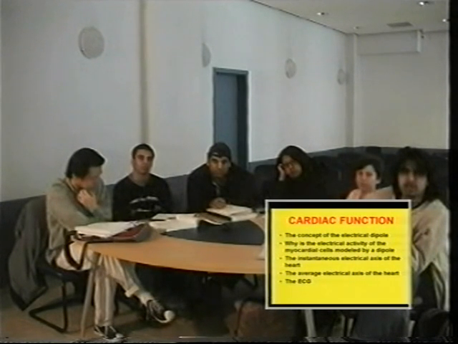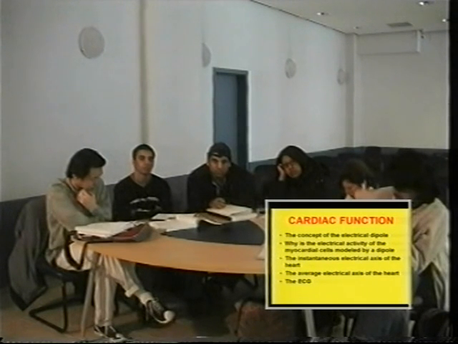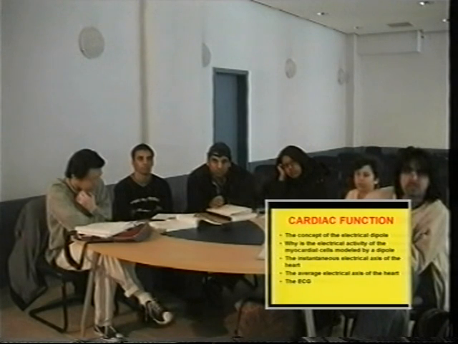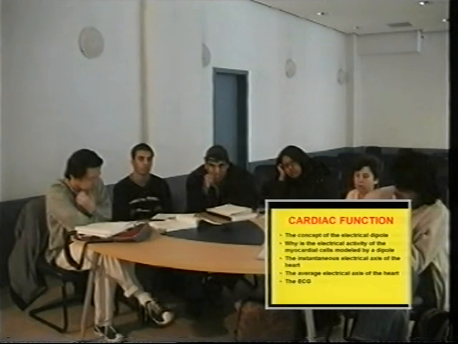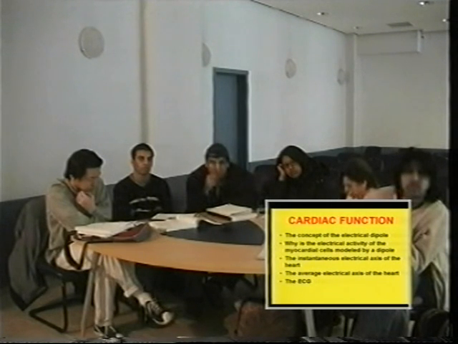And we said last time, why is the electrical activity of myocardial cells modeled by a dipole. Maybe because you were too tired last time, we had a long, long day, and it was the first time that we did the lecture this way. That's when you started really losing me, and this is why we stopped going through the lecture last time.